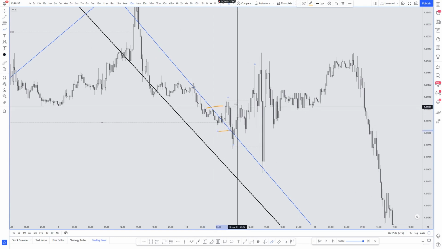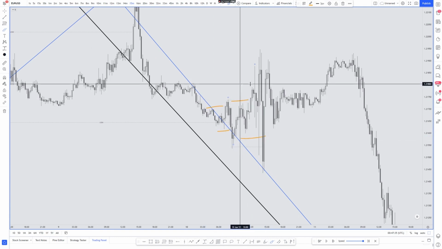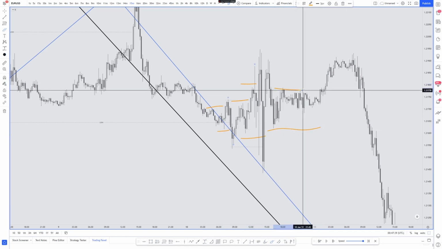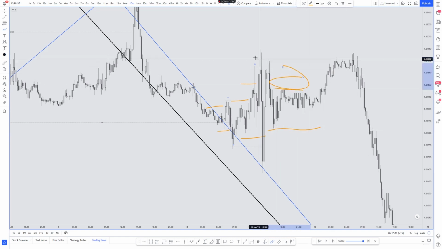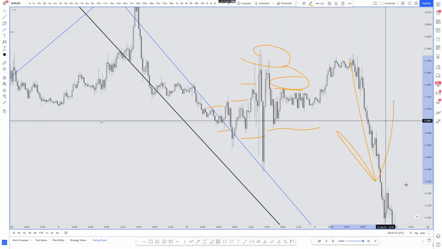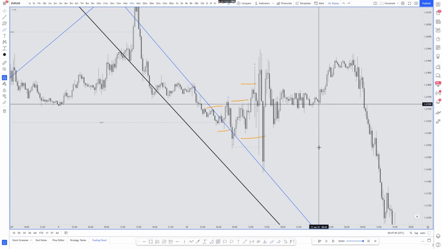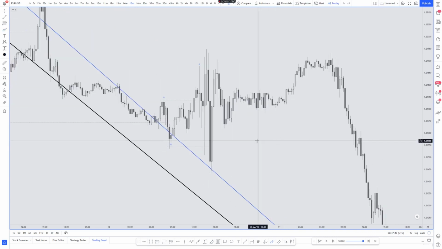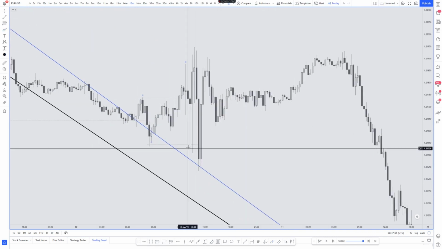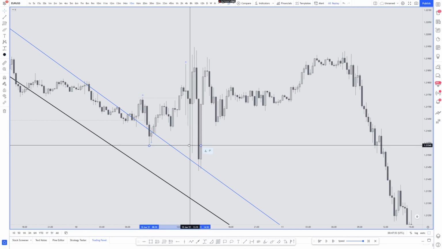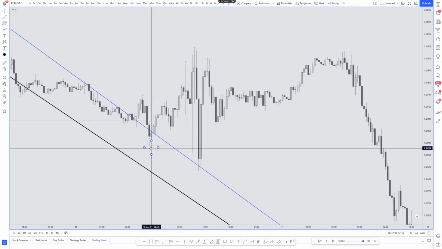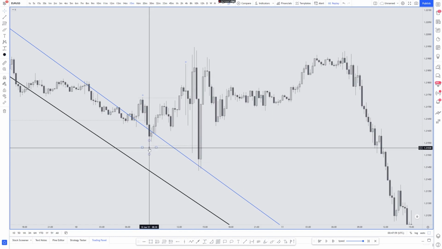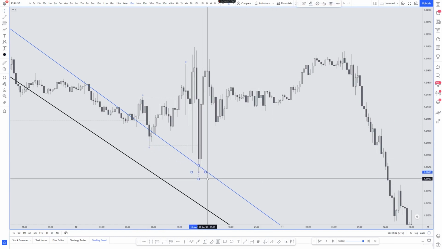Liquidity's wiped up, down, up, and you stack more liquidity here, stack liquidity here, you wipe it all, and then the real move begins. This is a very common scenario. You'll notice it happen over and over again. It is a couple sections up ahead where we talk about ranges and why they happen and what they are.